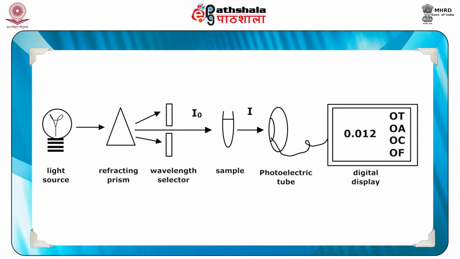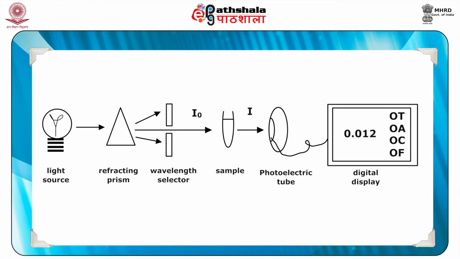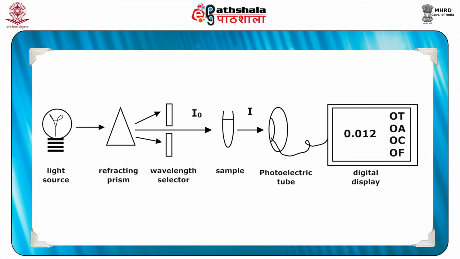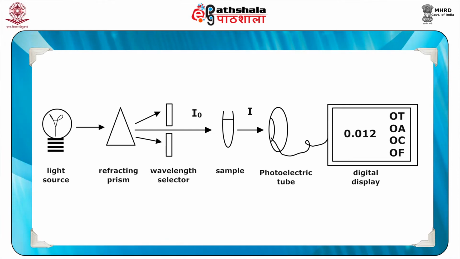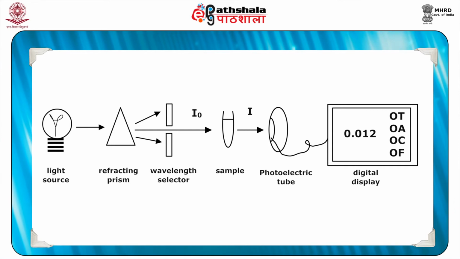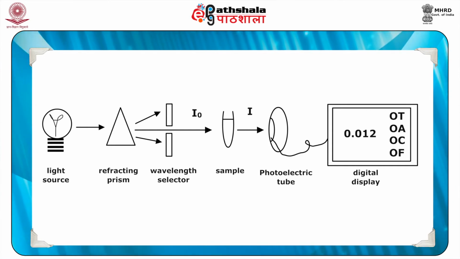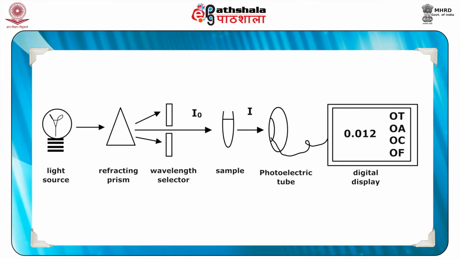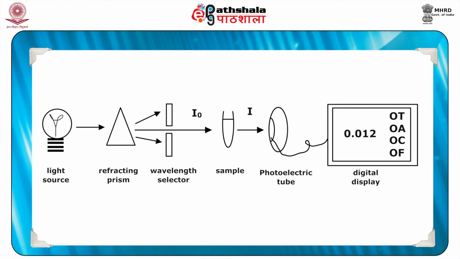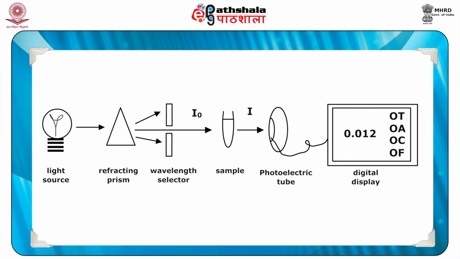Micromolar amounts of substrates can easily be measured as the absorptivity or molar extinction coefficient epsilon is usually in the range of 10 to the power 3 liters per mole centimeter, and absorbance readings typically lie in the range 0.1 to 1 units.